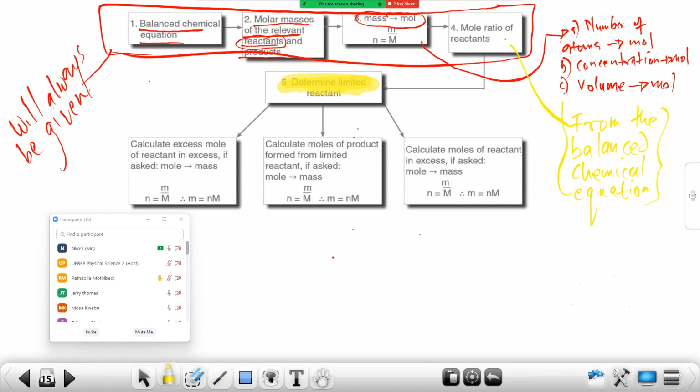But sir, after getting the number of moles, what do we do? We use the molar ratio of reactants. That is step number 4, to determine the limiting reactant. Okay, sir. So I'm going to do an example of steps 1 to 5 and everything below, and we will see how we link it with our limiting reactant.